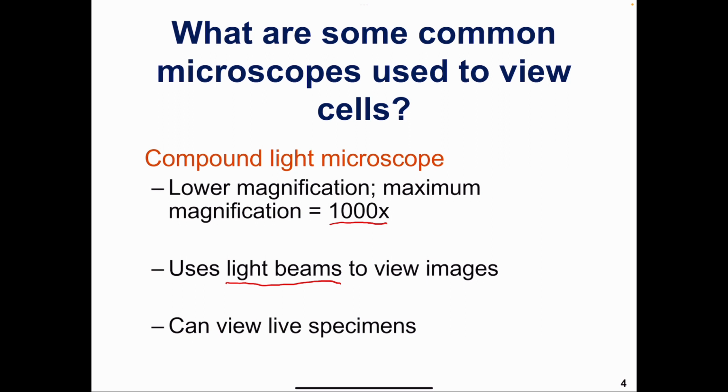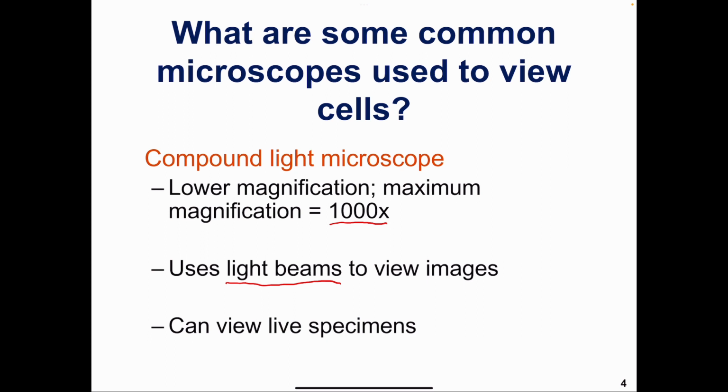However, the tremendous advantage of a compound light microscope is that we can view specimens that are dead and specimens that are alive in their context. We can, for instance, take a drop of water from a pond and see some protists swimming in that drop of water.